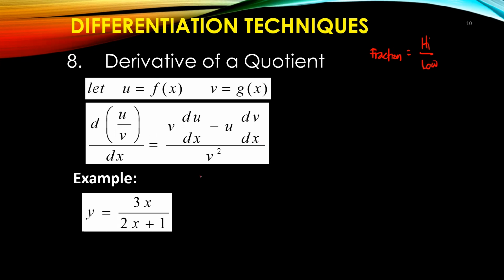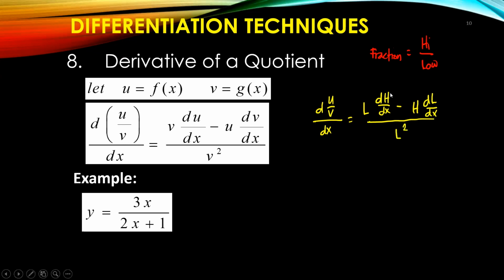So what I do here is the derivative of u over v with respect to x is low, derivative of high, minus high, derivative of low, over low squared. So low d high d low over low squared.